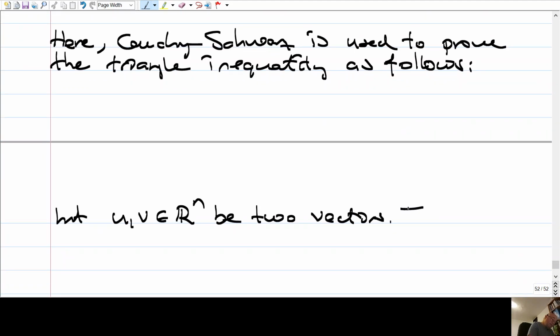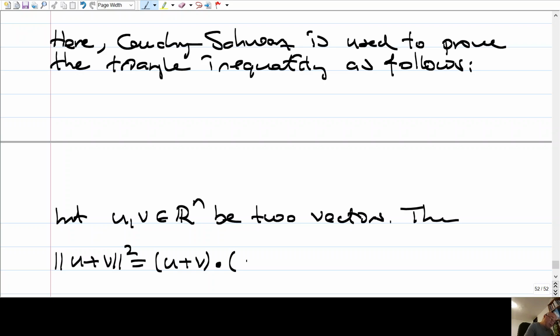Then the norm of this vector, right? What is this? This is just the norm of U plus V, squared.